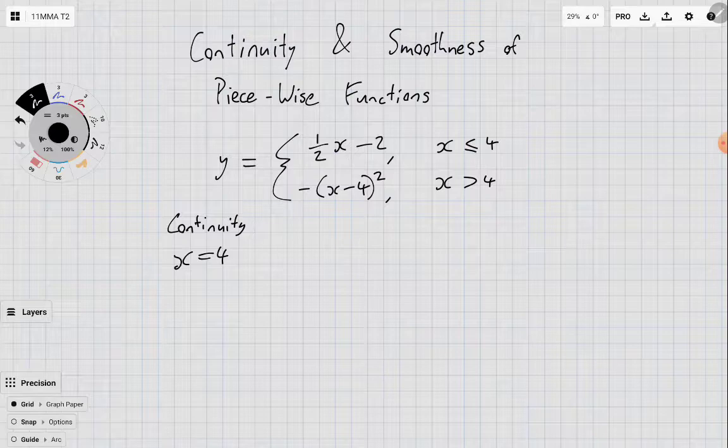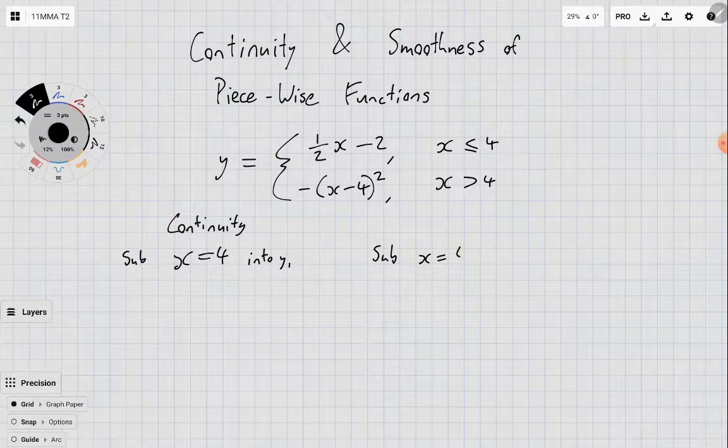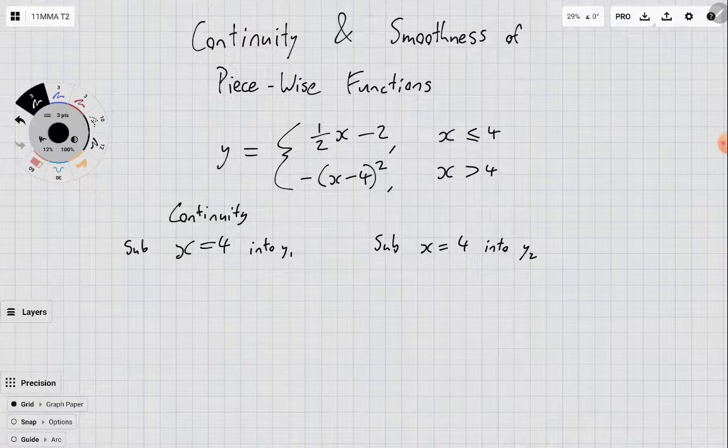So we'd sub x equals 4 into y1, and then we would do the same into y2, and then we'd just check that they match. We're going to need to do a little bit more later, but I think this is a good starting off point anyway. So y1 is equal to a half times 4 minus 2.